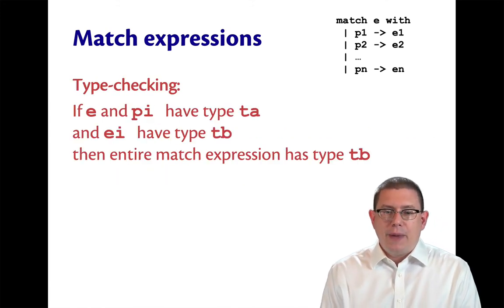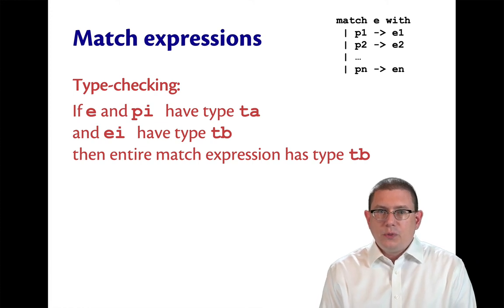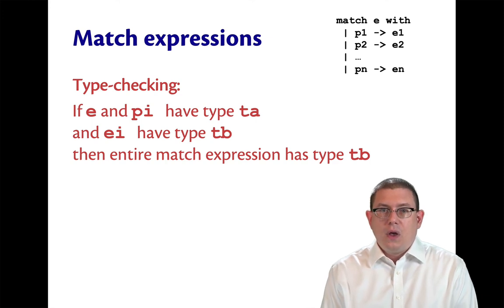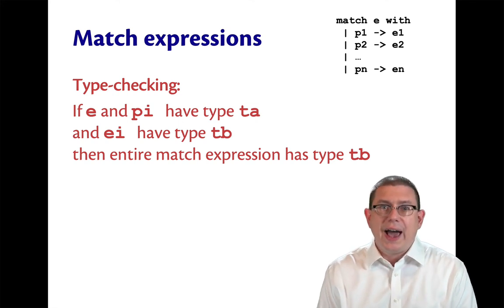Type checking of match expressions is really driven by those evaluation semantics that we just discussed. All of the patterns, as well as the expression being matched, need to have the same type. And that makes sense, because we're matching the value of that expression against those patterns, so they all should have the same type.